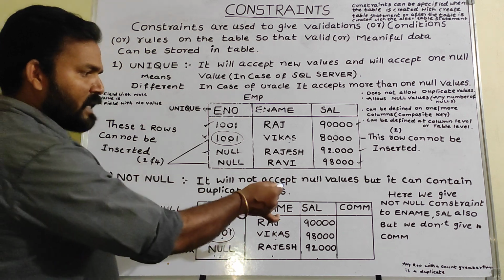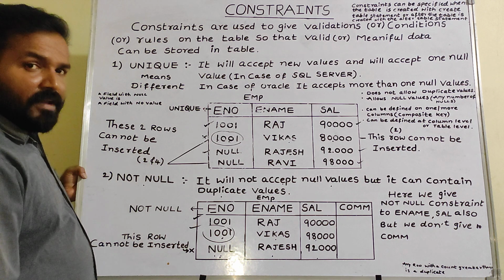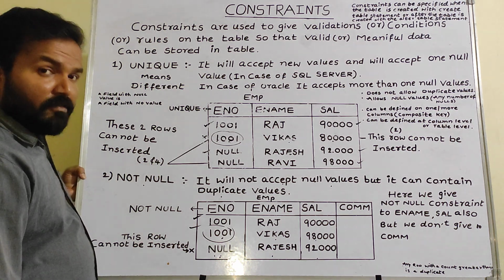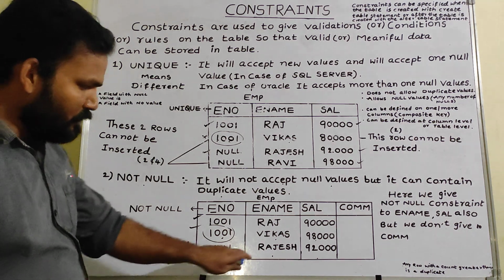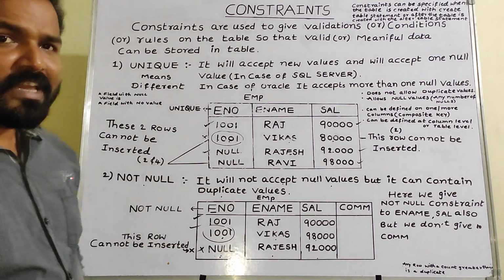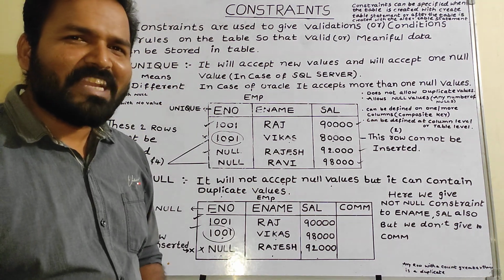Next, null, Rajesh, 92,000. The not null constraint will not accept null values, so this last row cannot be inserted.